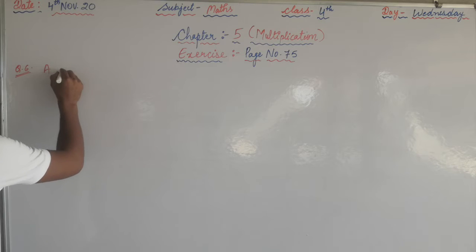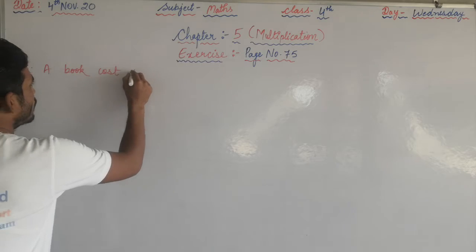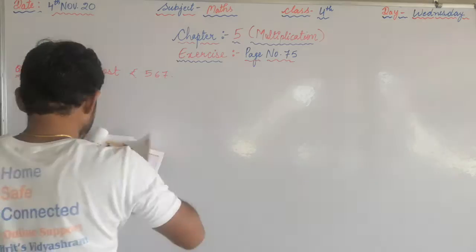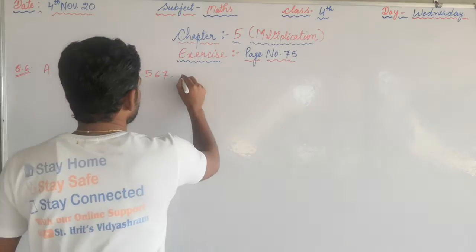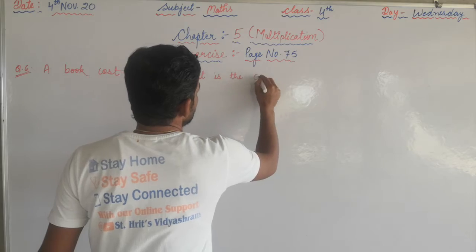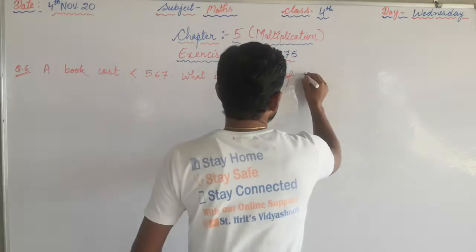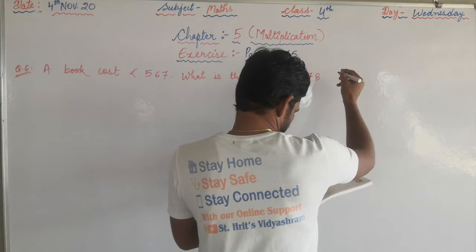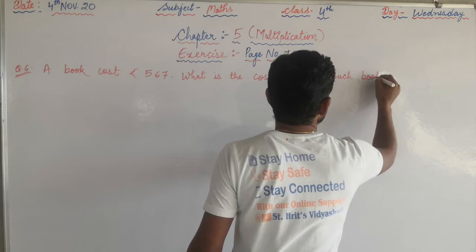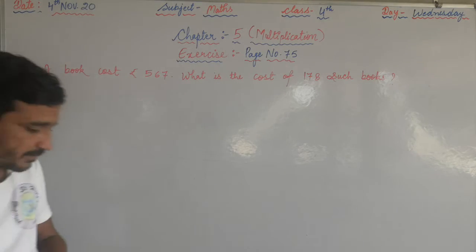A book costs rupees 567. What is the cost of 178 such books?